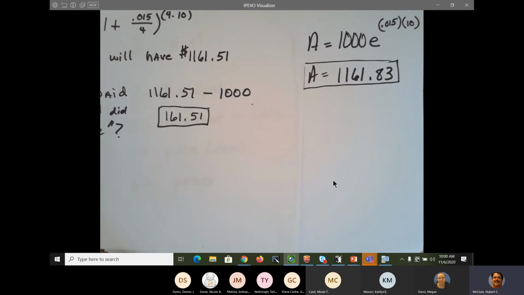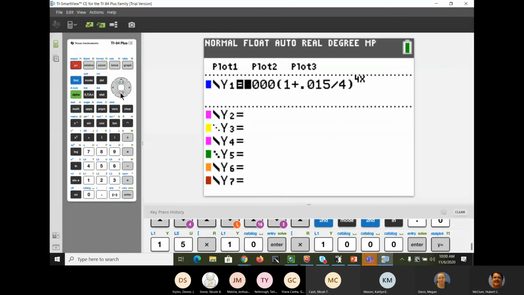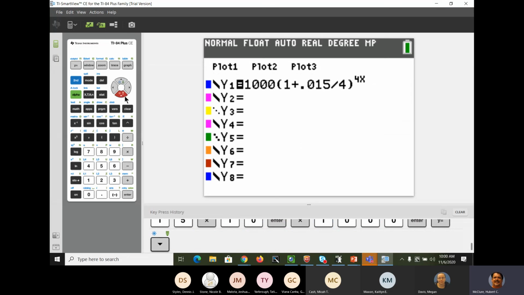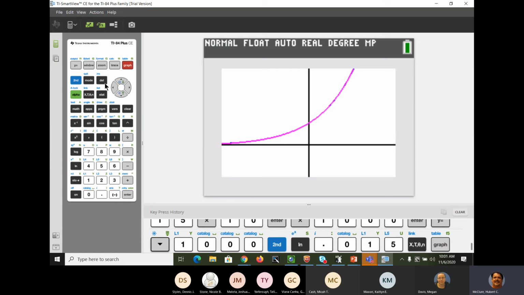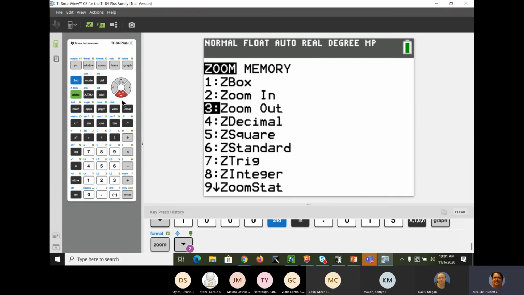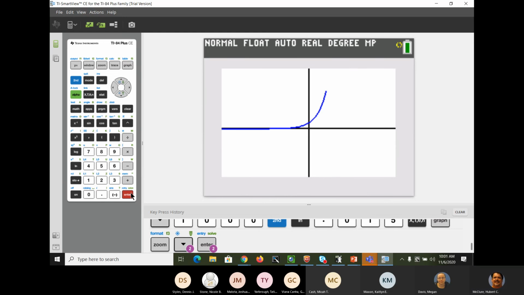Let's go ahead and type that into the calculator and graph it. Y is equal to 1,000 e, second e, to the 0.015 x, and graph it. And I'm going to zoom out just a little bit more. What do you notice about the two?